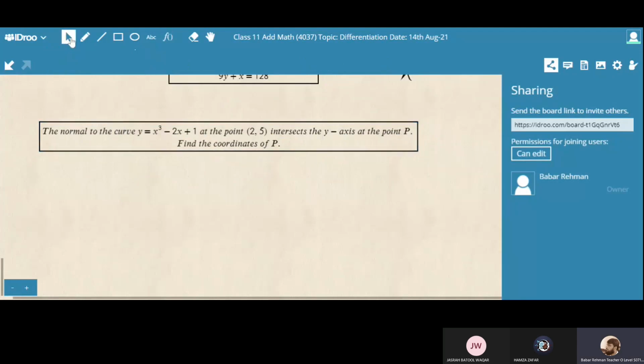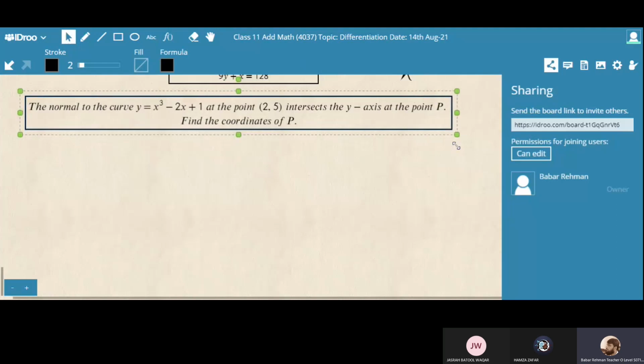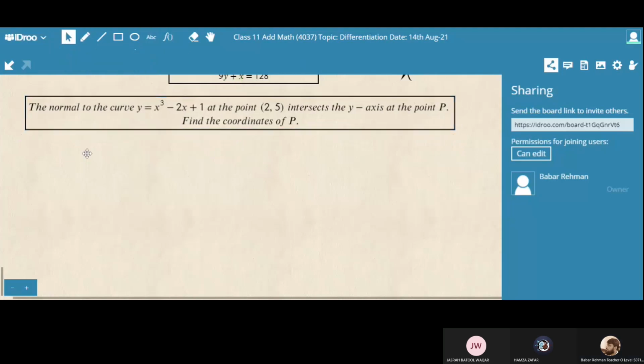Can you tell me what is the method to apply over here? Yes, Hamza Zafar.